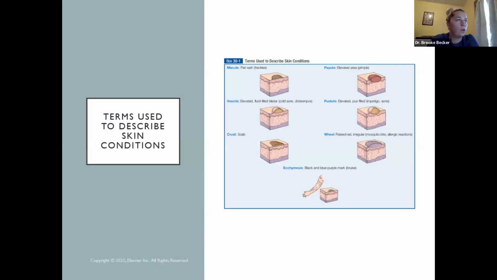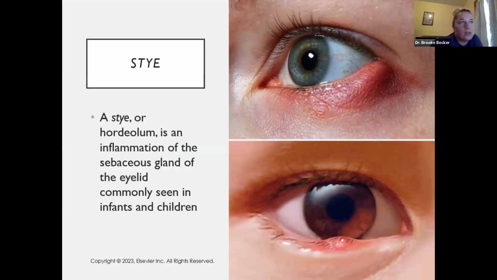Oh, sty. So a sty or hordeolum is inflammation of the sebaceous gland around the eyelid. These are really common things that you see in kids, and there's not a whole lot that you can do about them. A lot of times you use warm compresses, and then eventually they'll go away on their own.